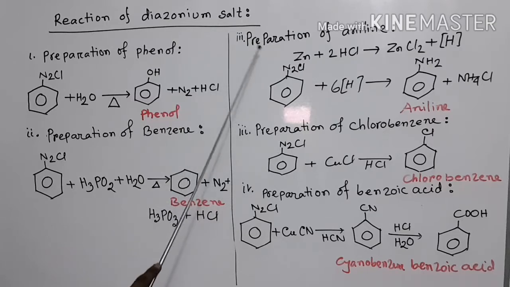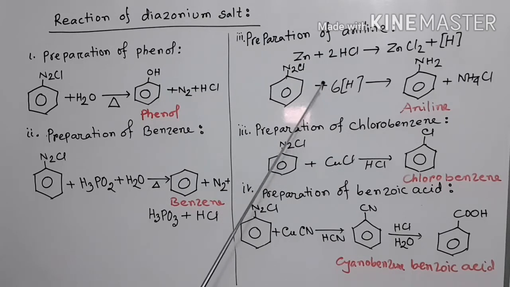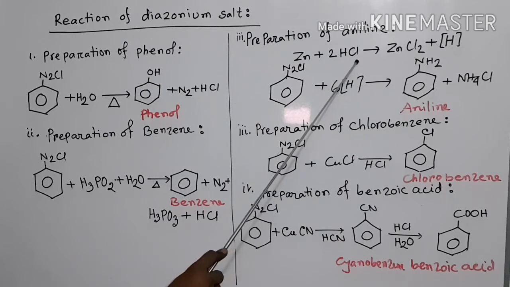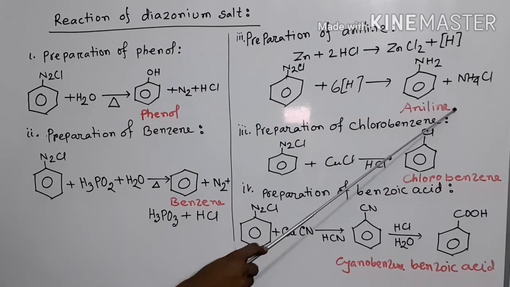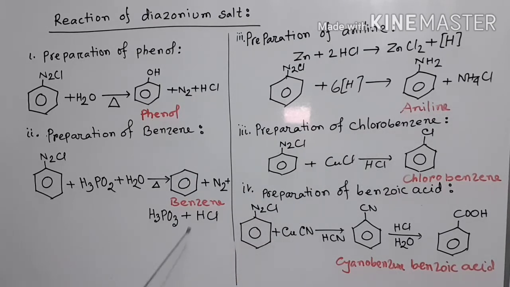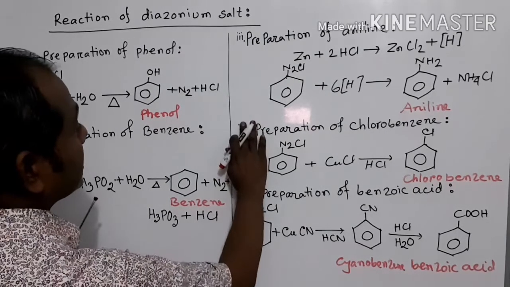Now, preparation of aniline. When diazonium salt is reduced by zinc and hydrochloric acid or lithium aluminum hydride, then it produces aniline.